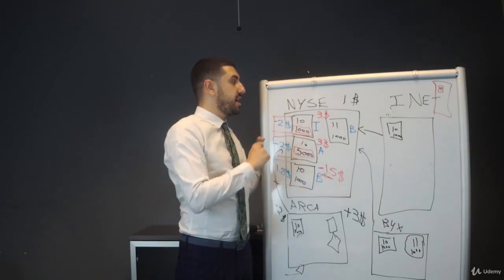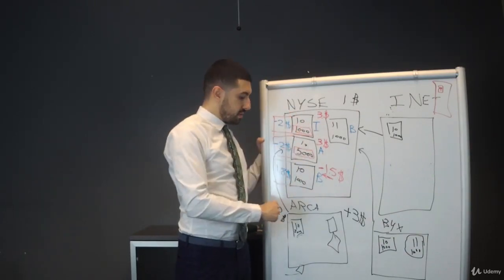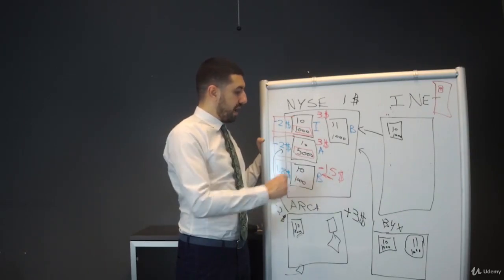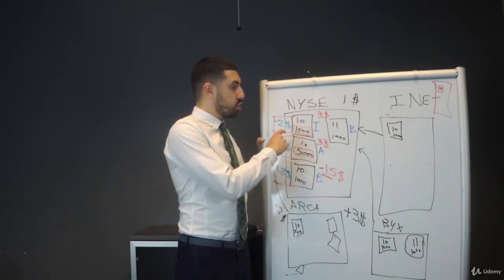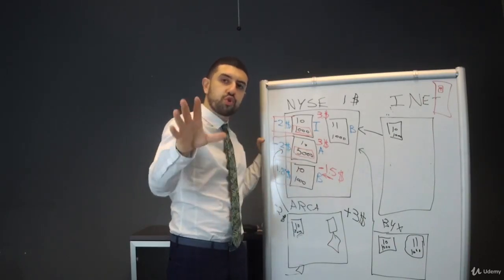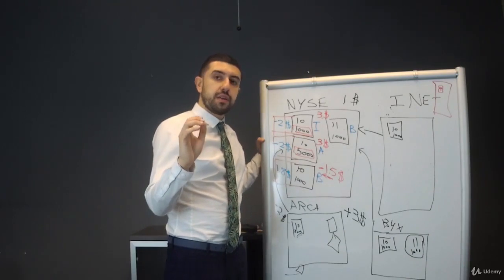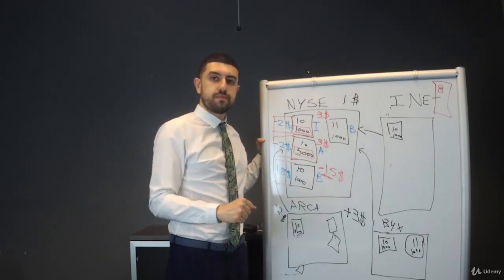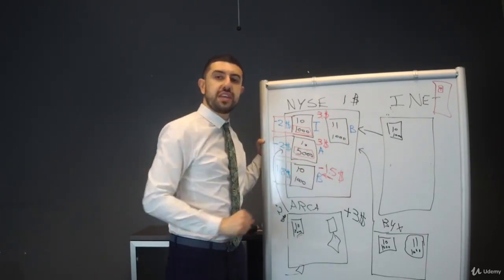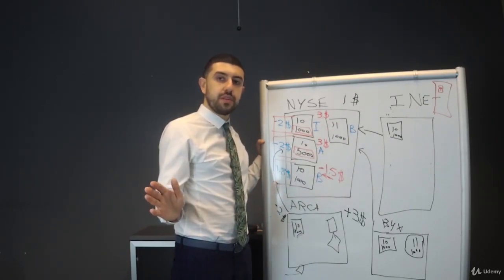Are they going to send your order to New York or INET or ARCA or BYX? Now we know that if they go to New York, if you get filled, they're going to get paid $2. Now with regular brokers and most brokers, they're going to charge you a fixed commission regardless of on which ECN you bought or sold at. You get charged your fixed commission and that's it, right?